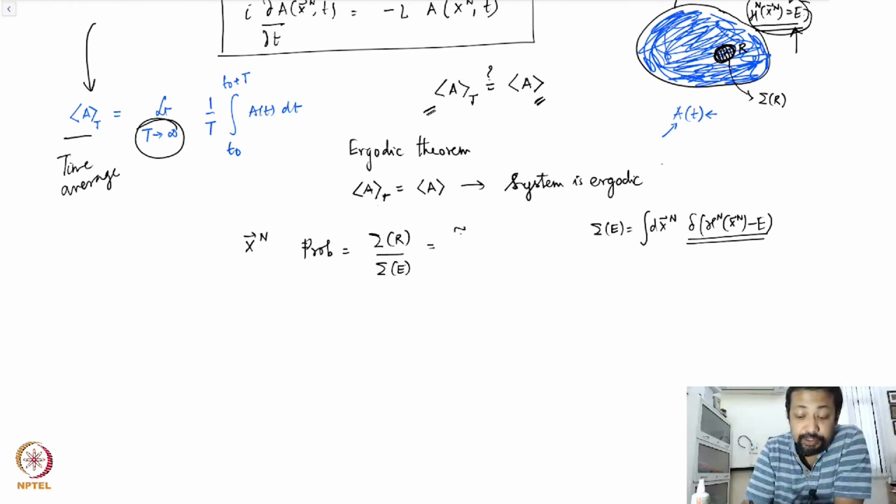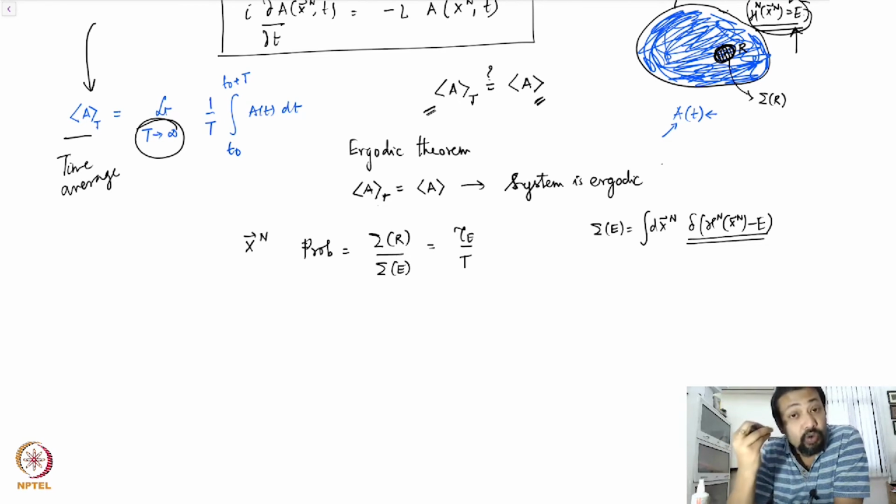Therefore this probability is also equal to the ratio of the time that the system spends in this region R to the total observation time. So when the flow is ergodic, in equal areas in the phase space, the system will spend an equal amount of time.